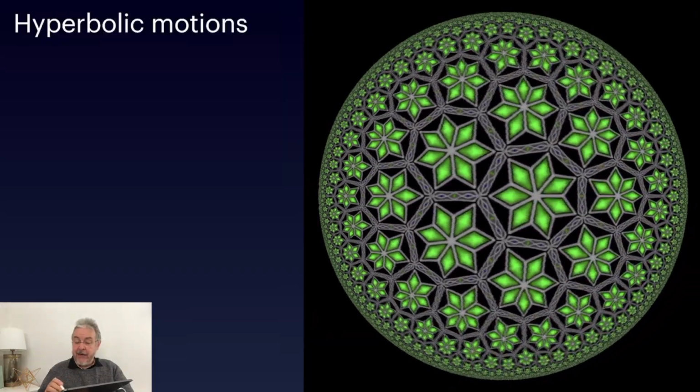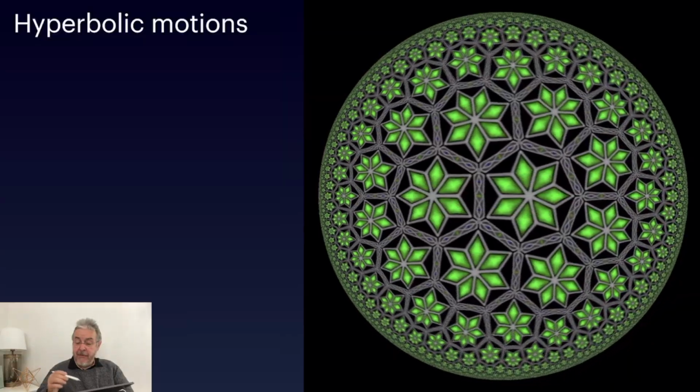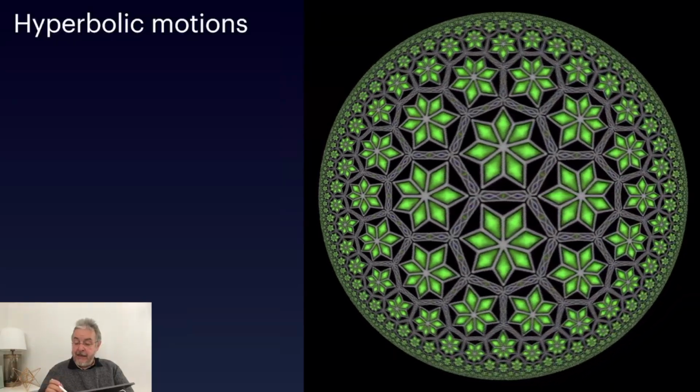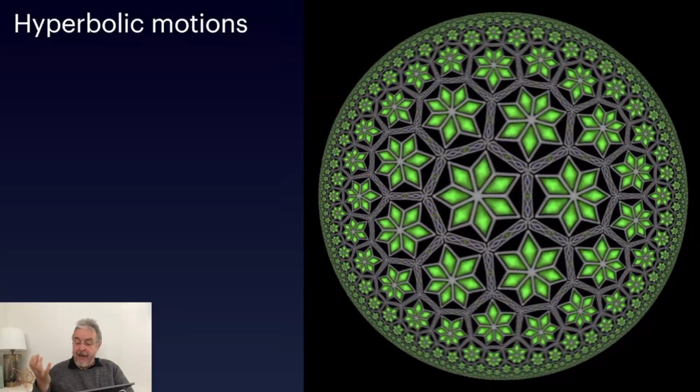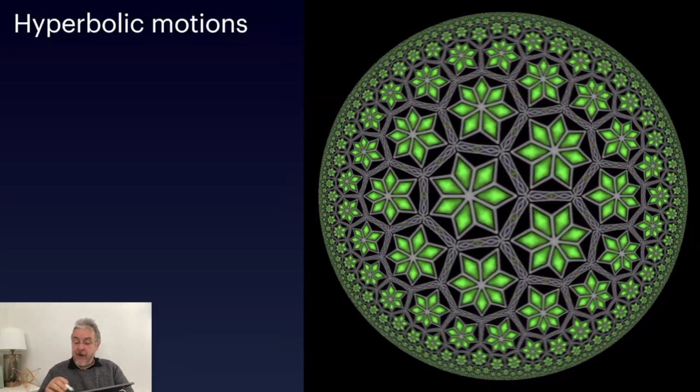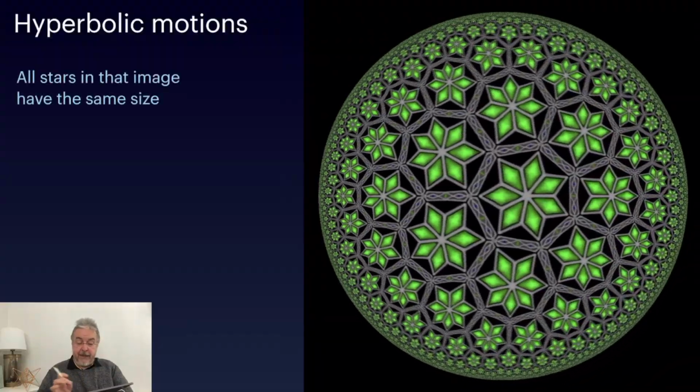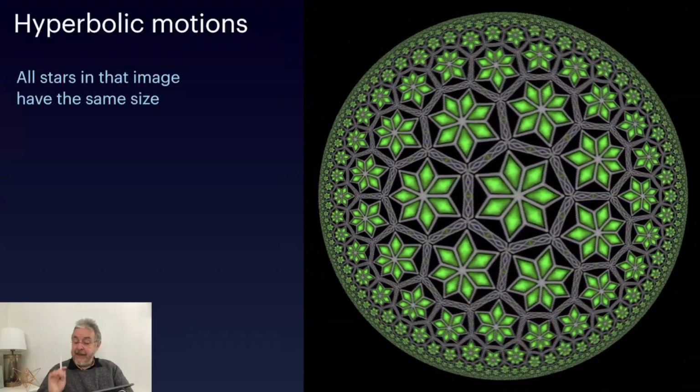So what you see here is a kind of continuous hyperbolic movement, and you really should have in mind at every point that all the stars that you see in that picture actually have the same size.